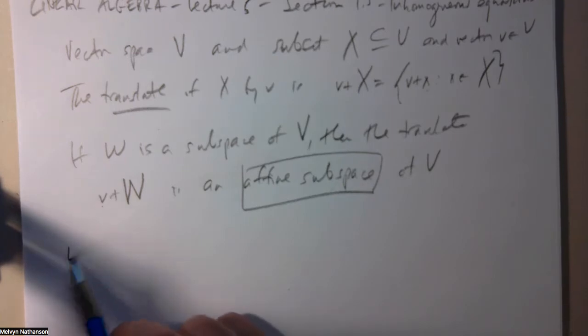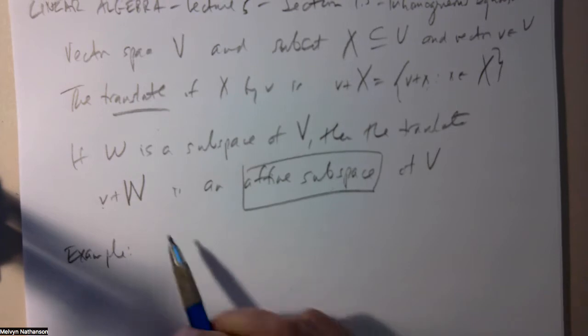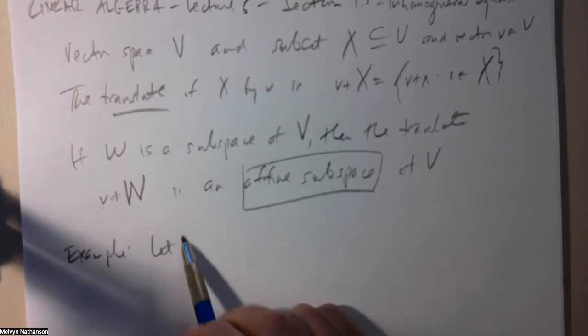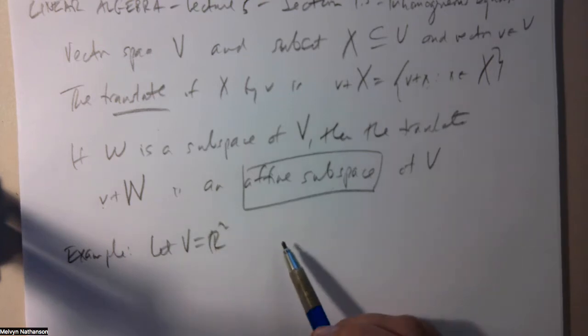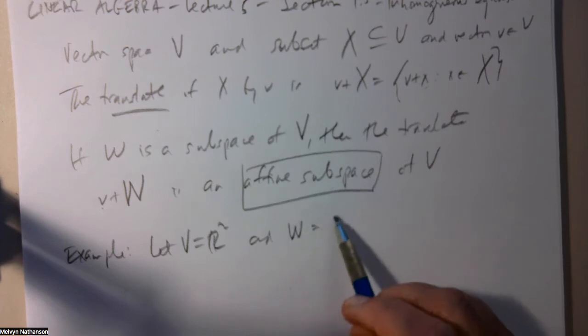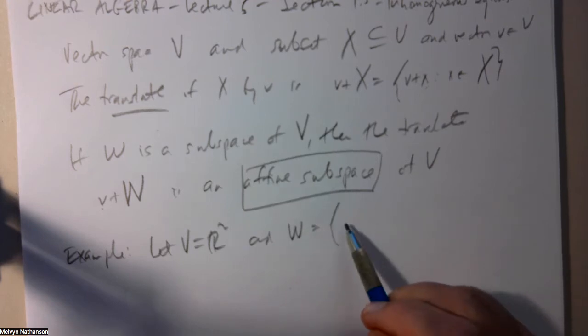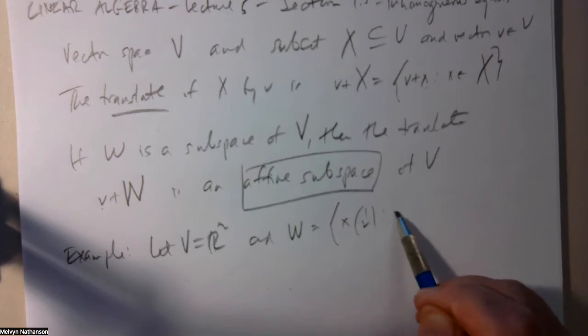So let's just take an example. And if you study the example, you'll see how easy the concept is. Suppose we let V be the ordinary XY plane, the vector space R2, and W to be the subspace consisting of all scalar multiples of the vector (1, 2).